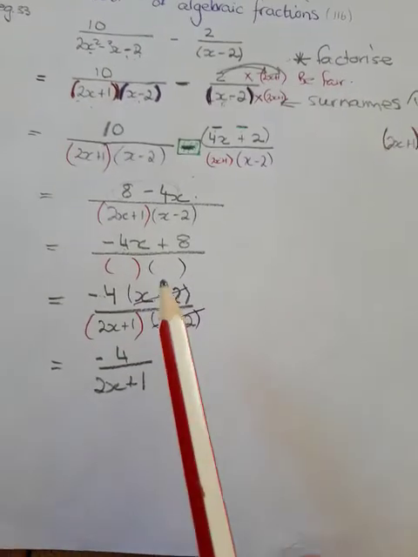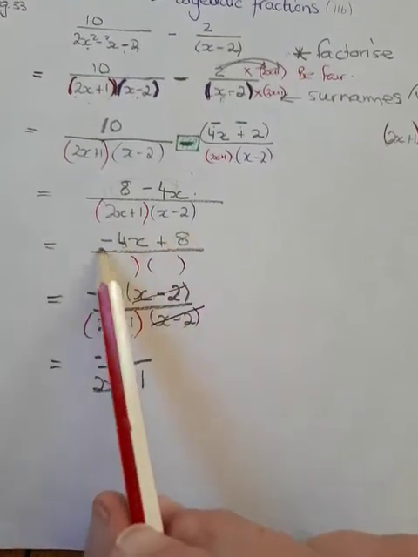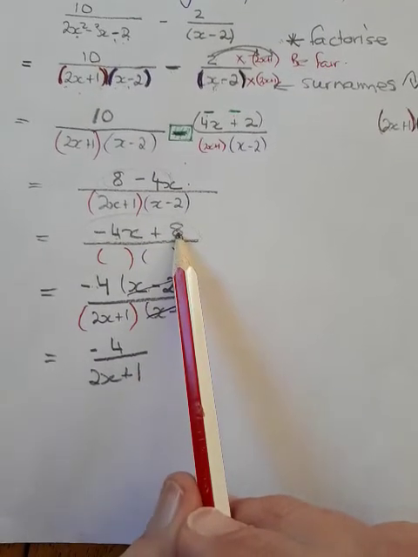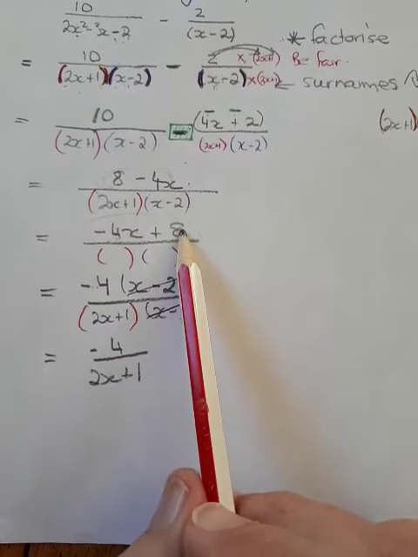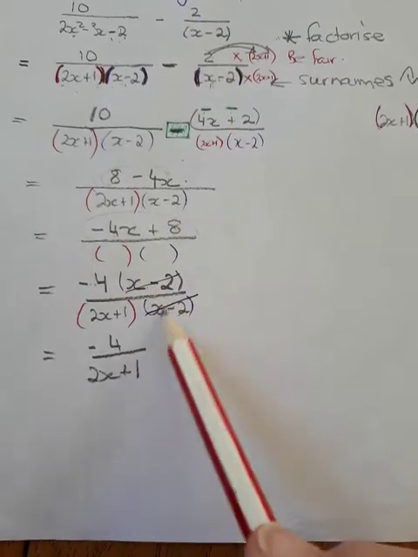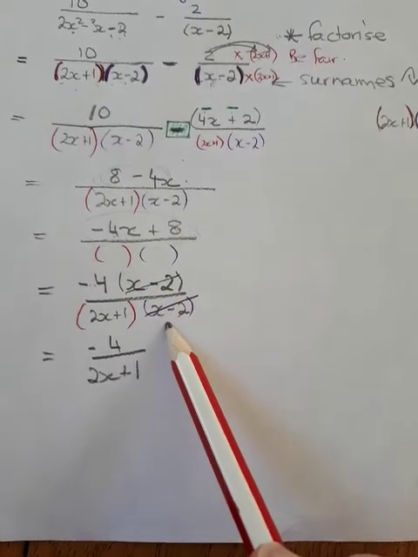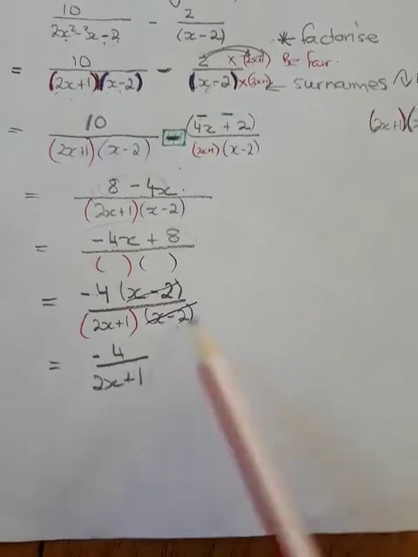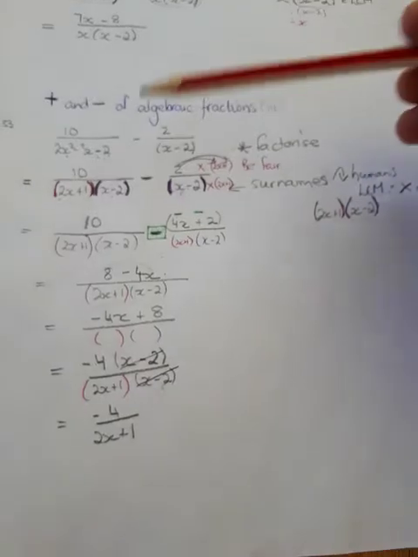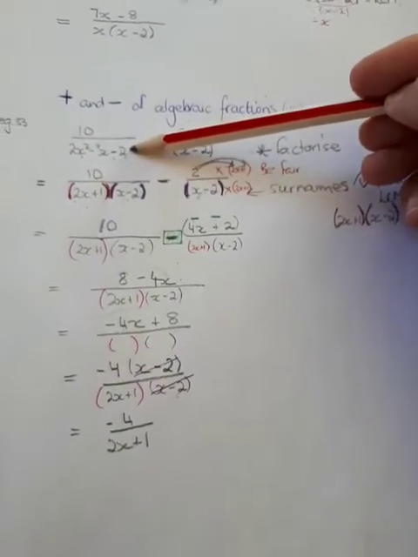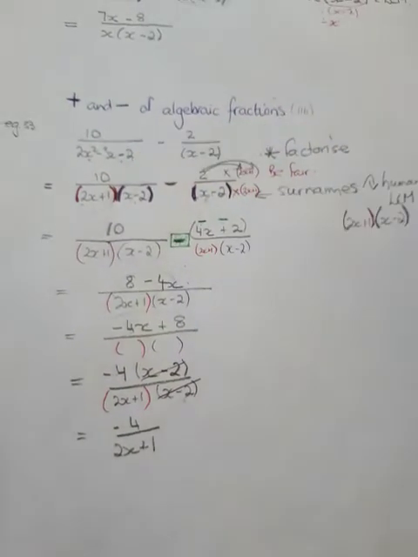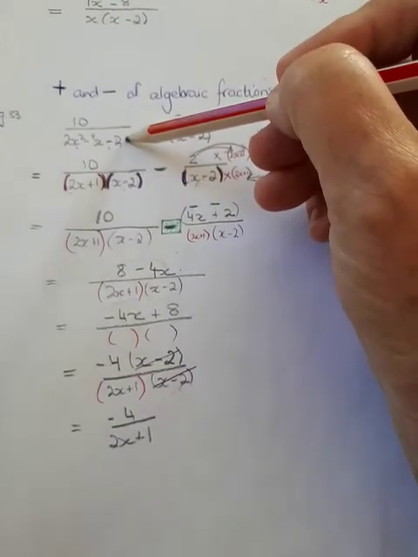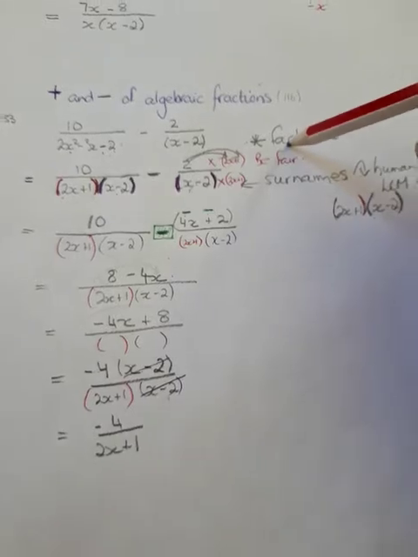So always be on the lookout. When your numerator is simplified, then check whether you can maybe factorize that one as well to be able to cancel it with some part of your denominator. Let me just quickly repeat. When we have quadratic trinomials, or a difference between two squares or whatever, we should always know that we must first factorize.